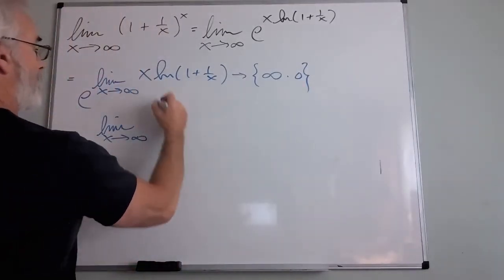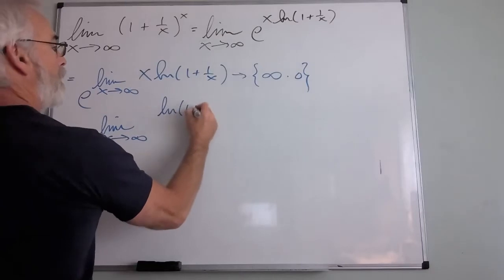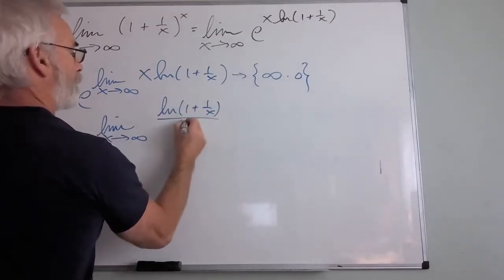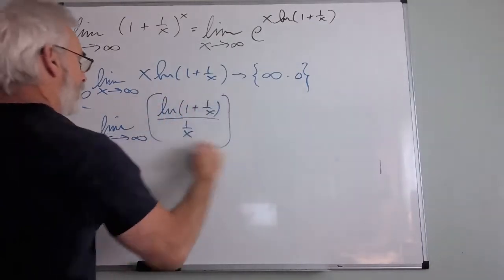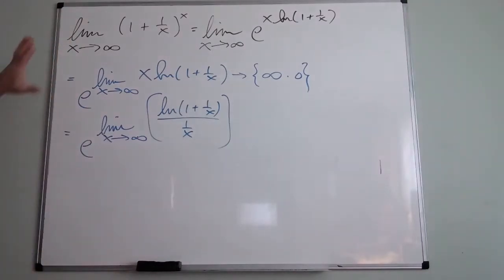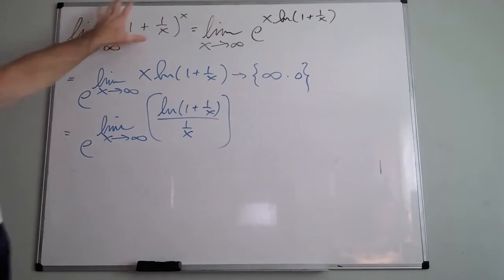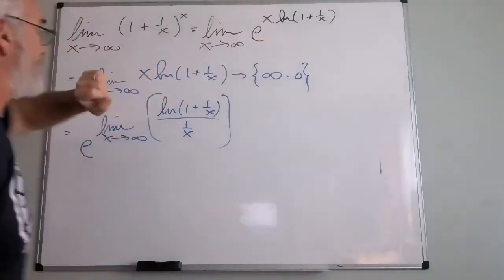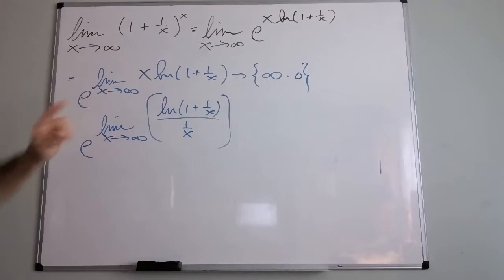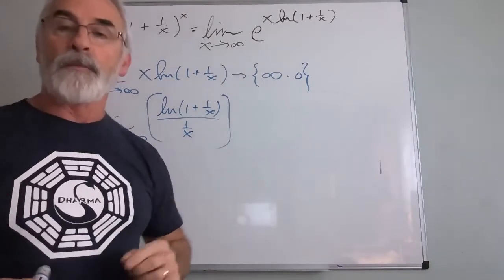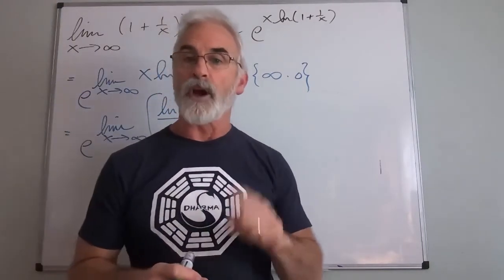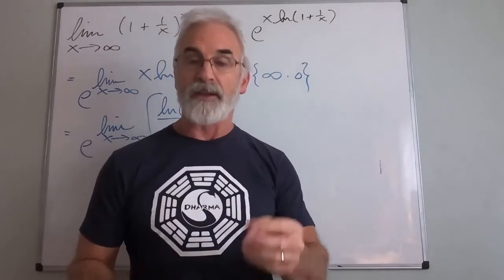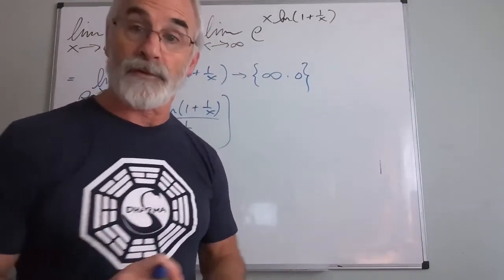So this would be the limit of the log of 1 plus 1 over x, over 1 over x. Now here's the thing. I'm going to pretend I have no idea what the answer to this is, but I do know whatever this equals, it does equal this, and whatever this equals, it does equal this. I know I have a series of equal signs. How do I know? Remember, the ultimate proof with a limit is if you cover up the word limit, then are the quantities algebraically equivalent?